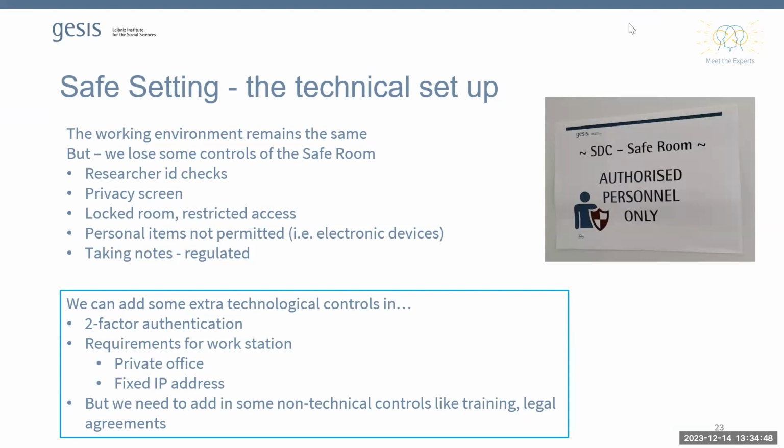There used to be a very heavy requirement for fixed IP addresses. But as institutions have moved towards hot desking, this is actually becoming quite problematic. So there's a lot of work in the UK to look at how we cope with that. So we can add all of these things, but we have to add in some non-technical controls now, because this on its own is not going to be sufficient.